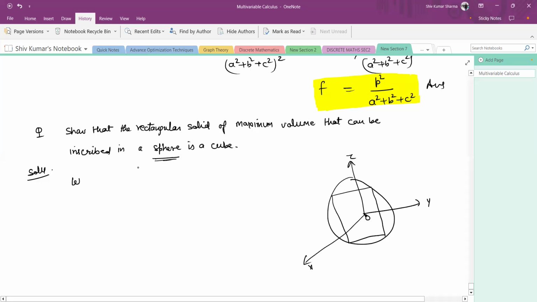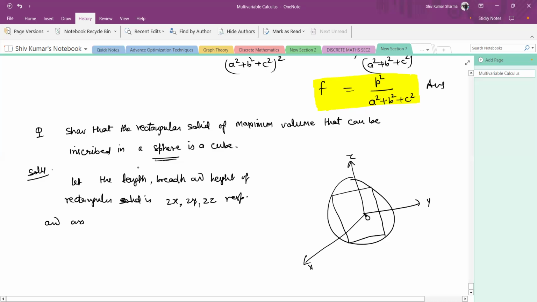So we understand that the length, breadth, and height of the rectangular solid are 2x, 2y, 2z respectively, and assume that r is the radius of the sphere.